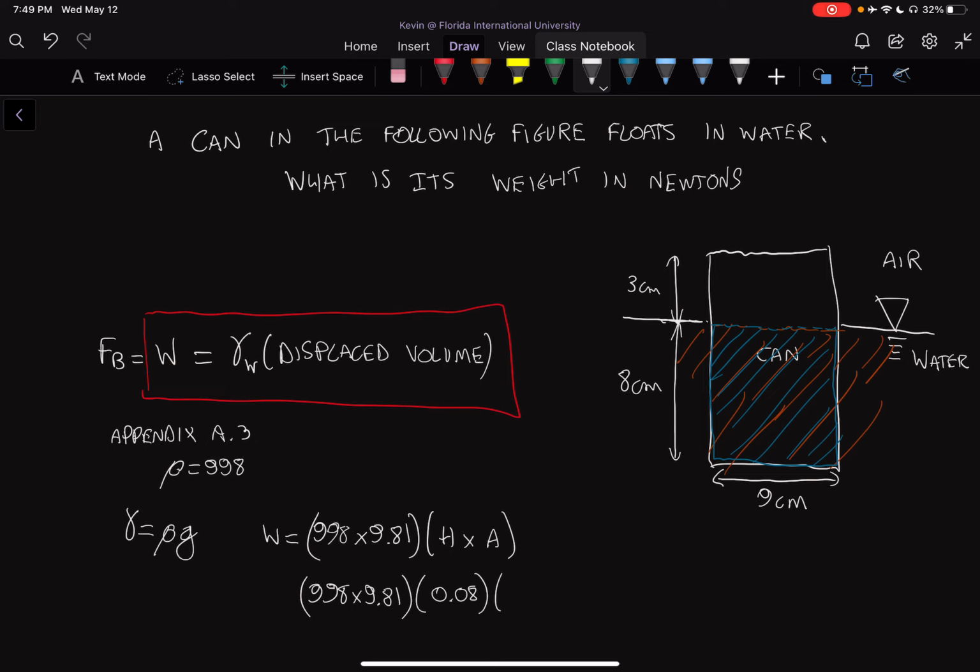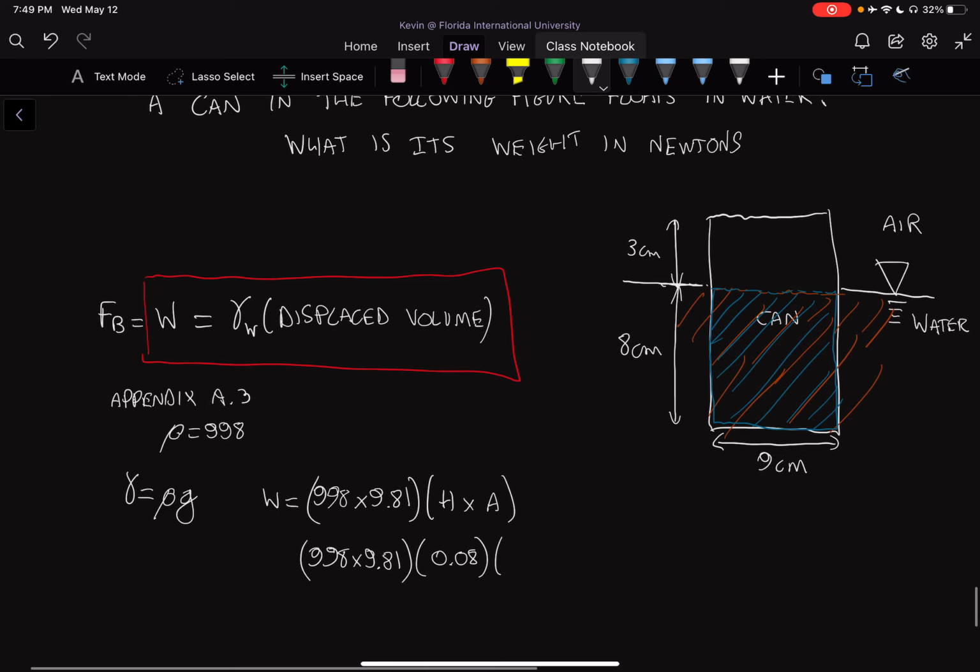So we know a can is a cylindrical system, and we're going to assume that the can is a perfect cylinder for this. So we're going to use pi times diameter over 2 squared. So we're going to use pi r squared. What's the radius? The diameter is 9 centimeters, so 0.09 divided by 2 squared to find the area.